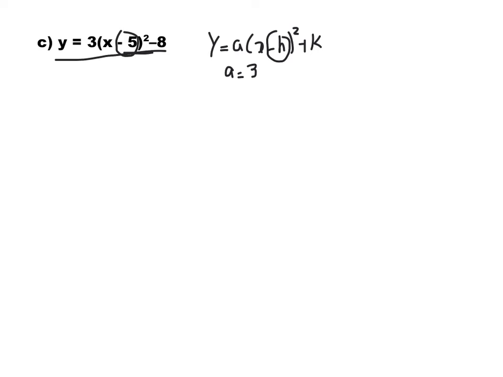They are the same, so this means h is 5. And k is negative 8, this constant. So this means my vertex is at h, k, which is 5, negative 8. Now my a value is positive 3. This means parabola opens upward. So the vertex, which is this point, obviously it's a minimum.